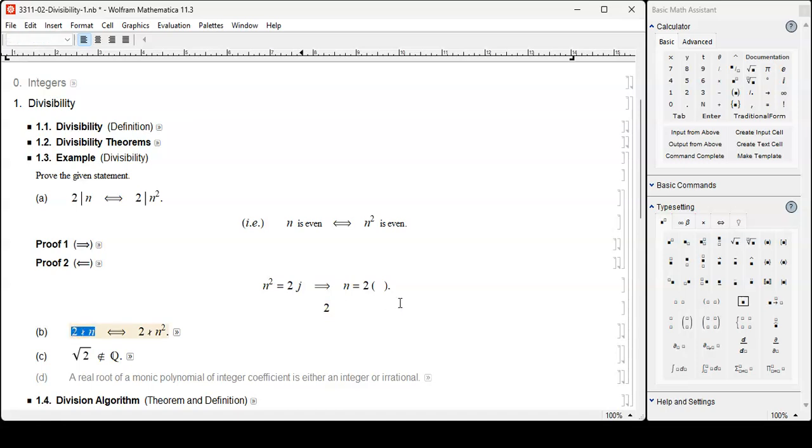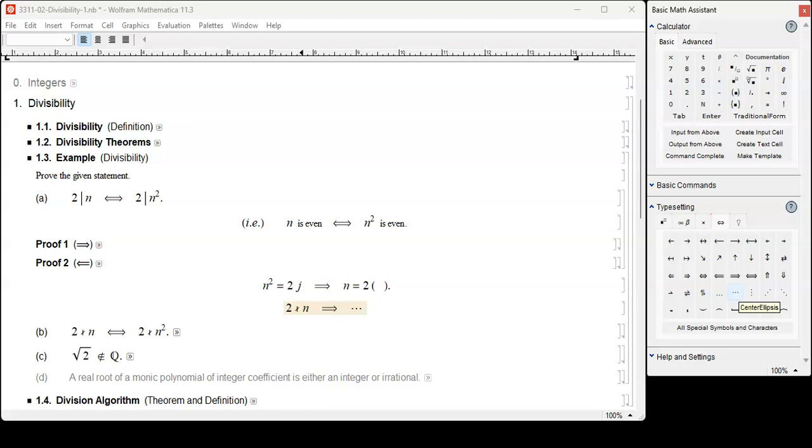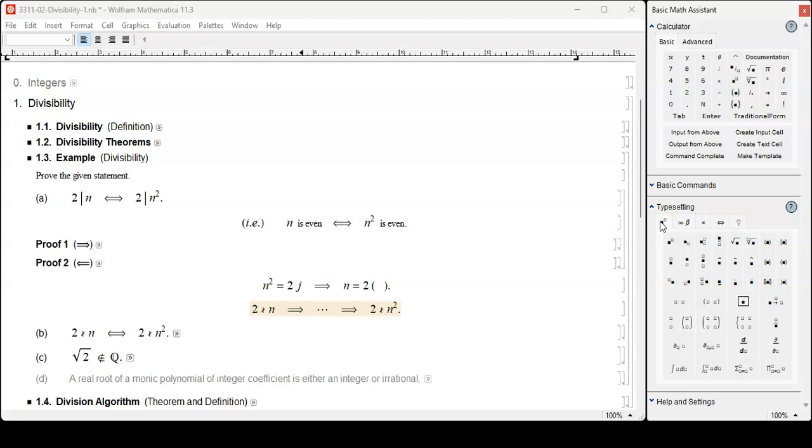Oh, here's the full statement here. And do some work so that 2 does not divide n squared either. So that's what you should try. Basically, proving the contrapositive.